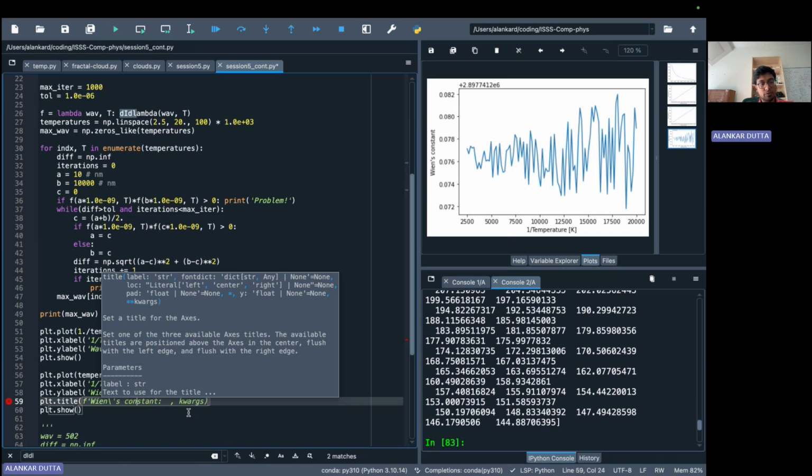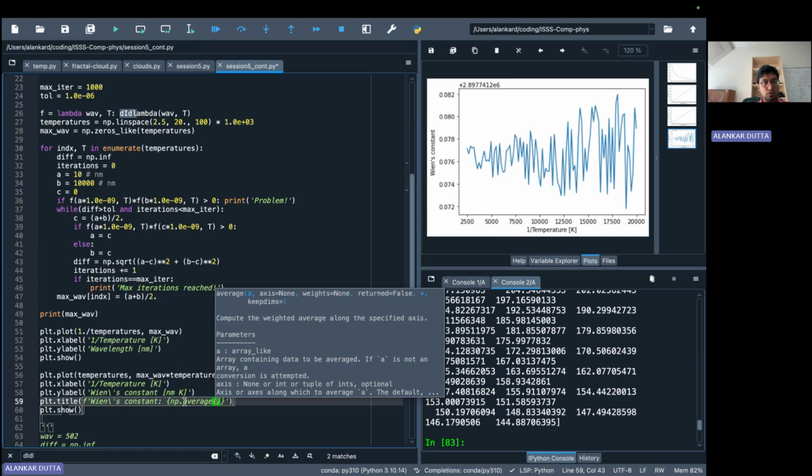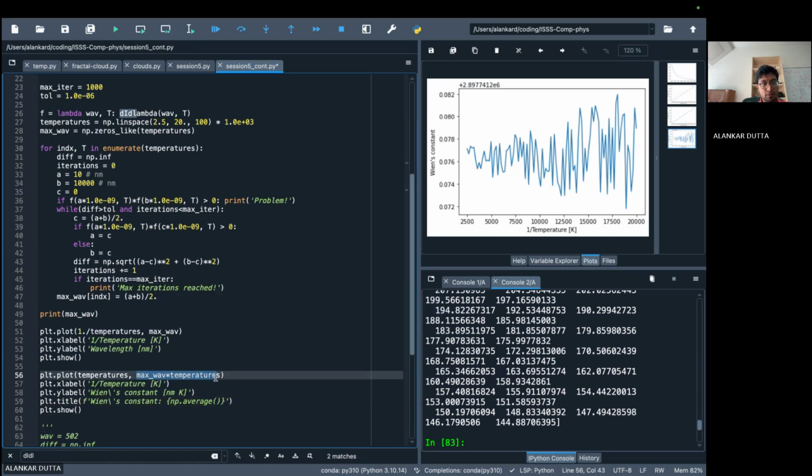We can again use f strings just as before. Get rid of this. And we name this, we do an np dot average of this, which is in terms of nanometers times Kelvin.